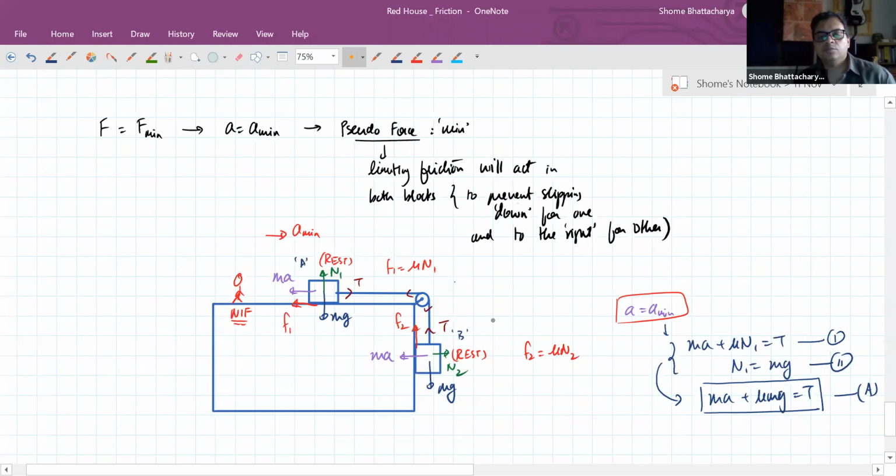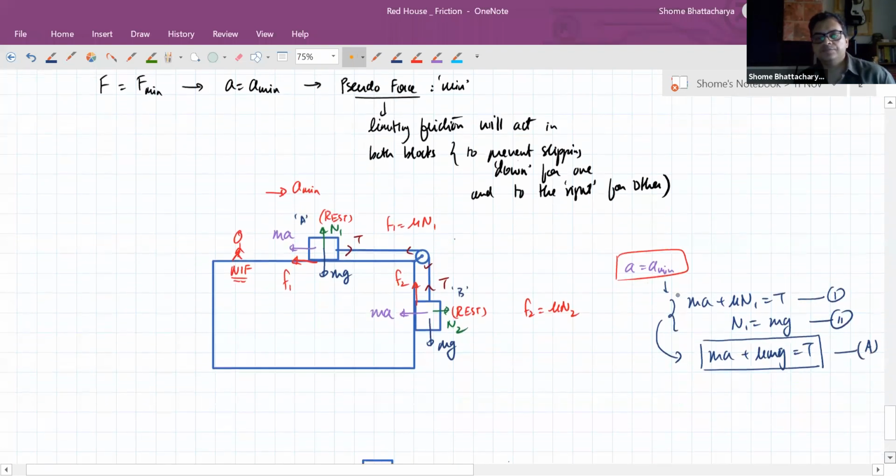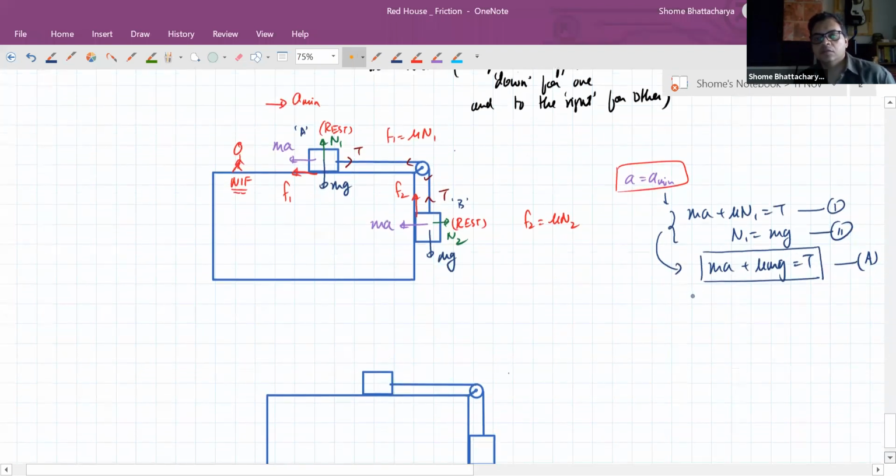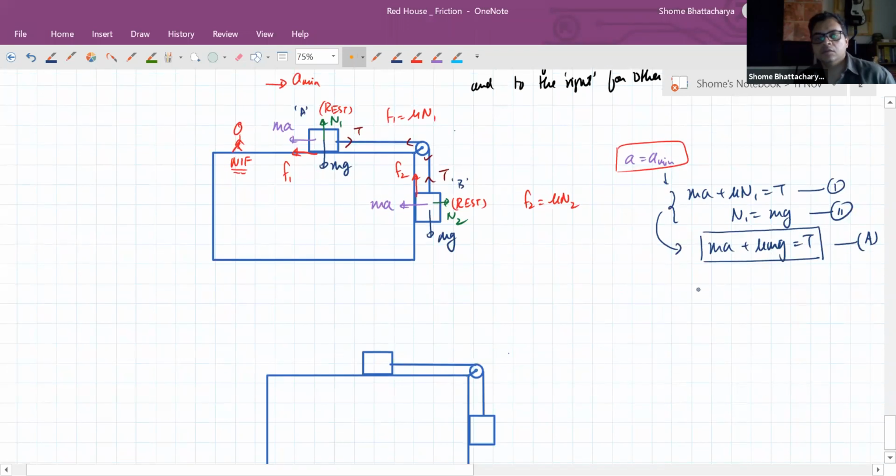Now similarly for the block B, we will have the condition that T plus mu N2 is balancing Mg, and N2, the normal reaction, is equal to the pseudo force on this.